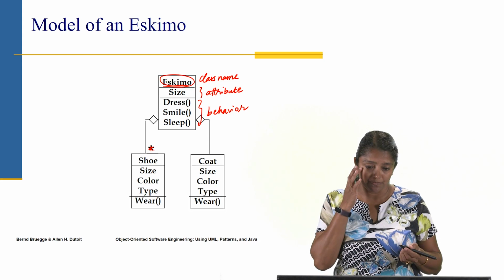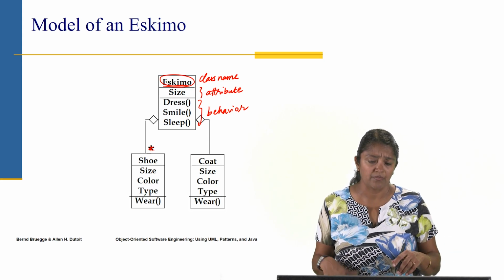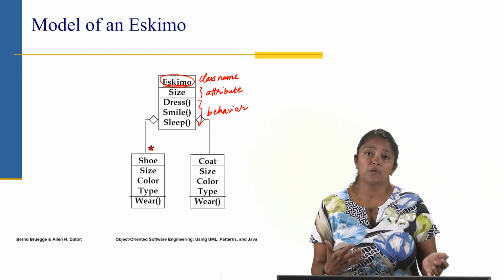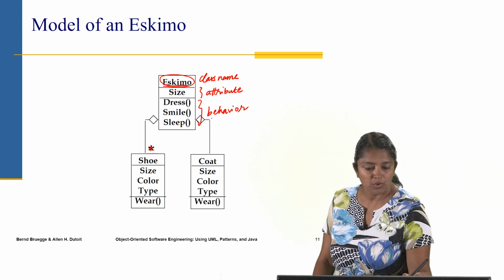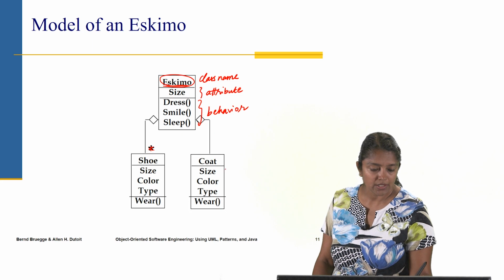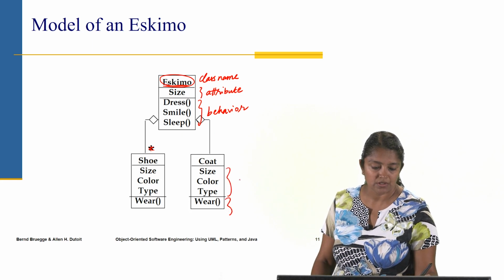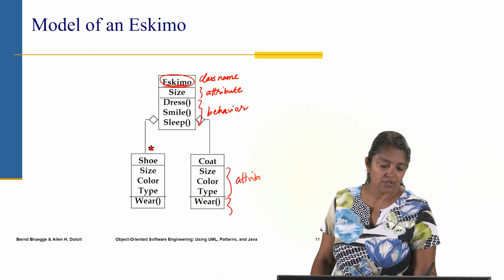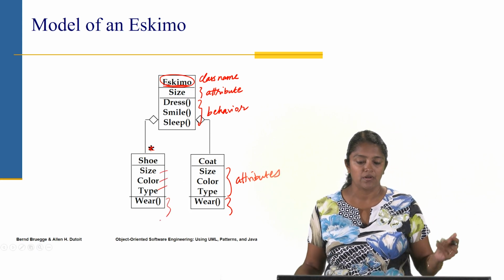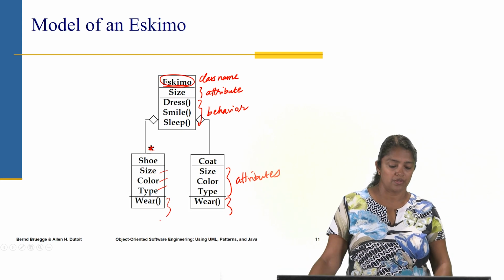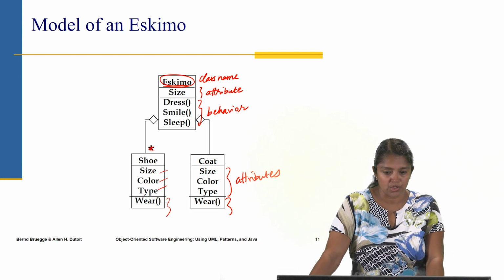It's a class diagram, a way to create object models, and we will look at this in detail in the UML lectures. Now an Eskimo could also have a coat, and then the coat has certain attributes, certain behavior. Similarly, the shoe has attributes, size, color, type, and behavior is that it's worn. So Eskimo wears the shoe.